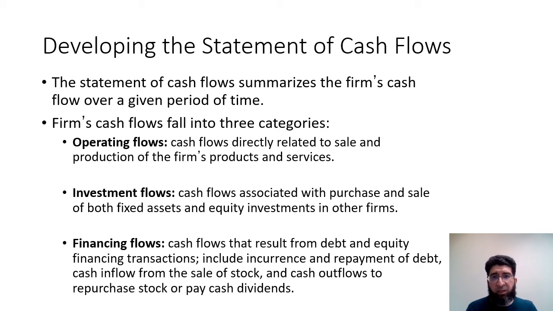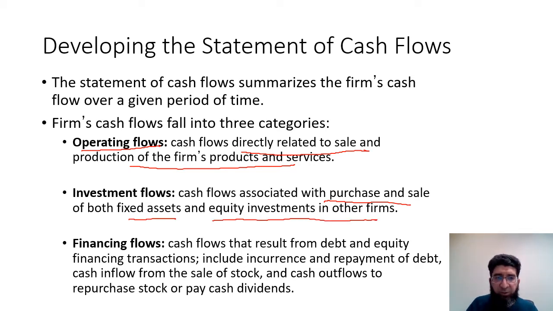So every cash flow statement has three main components: operating cash flow, investment cash flow, financing cash flow. Operating cash flows are directly related to the sale and production of the firm's products and services, while investment cash flows are associated with the purchase and sale of both fixed assets and equity investments in other firms.